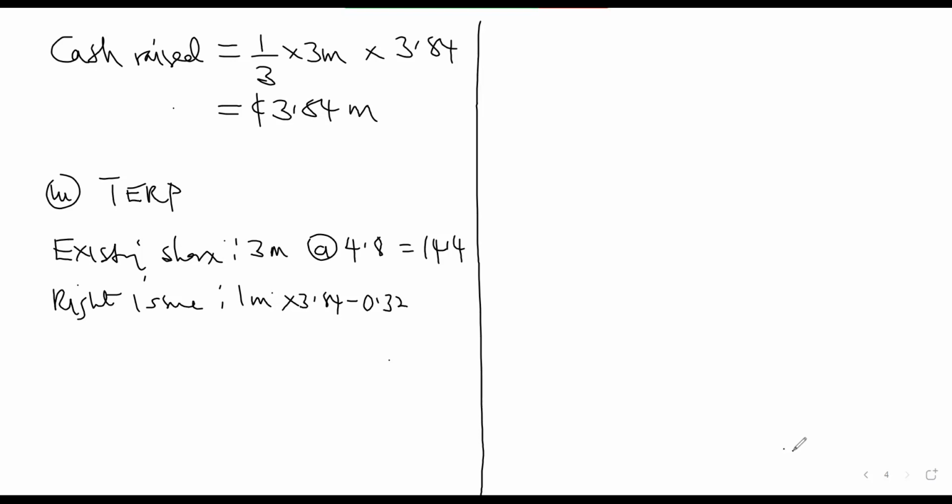Since they say you should ignore the purpose of the funds, 3.84 minus 0.32 gives 3.52.